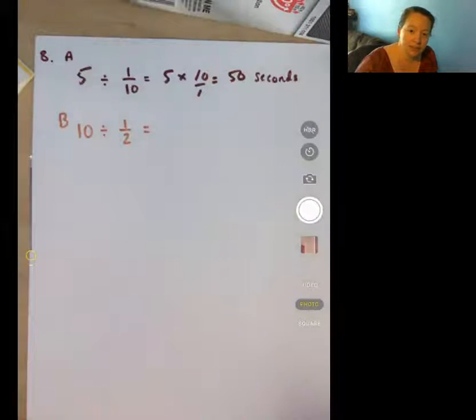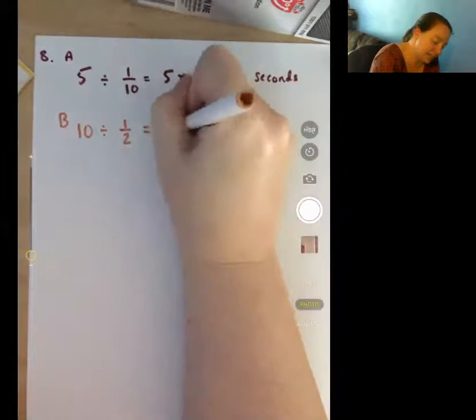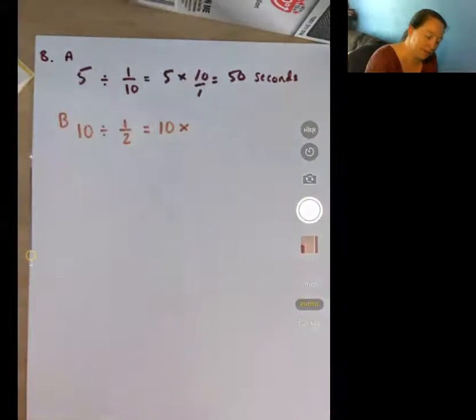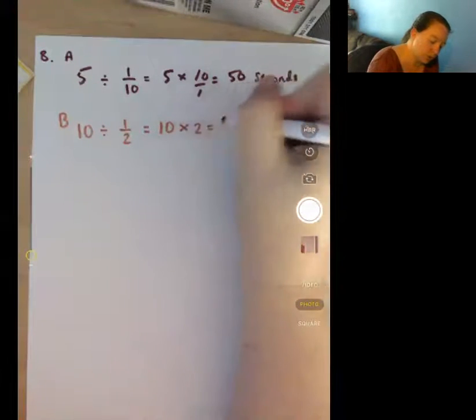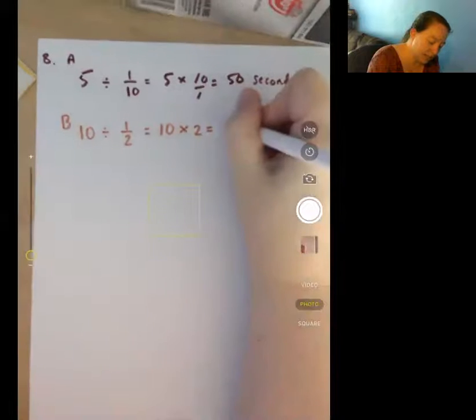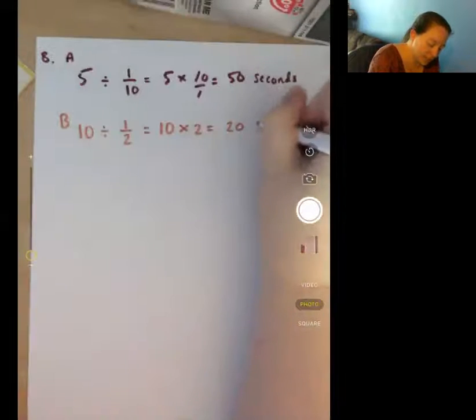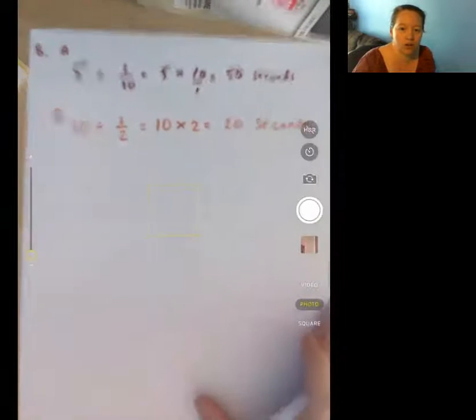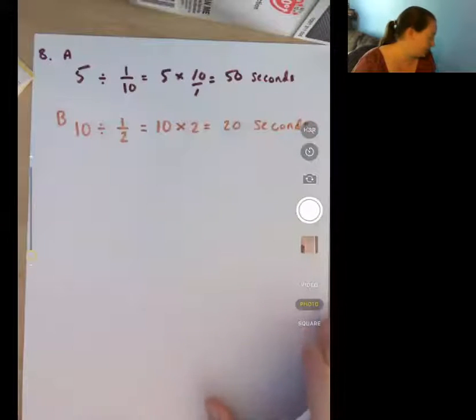We're going to have the 10 stay the same, the divide become multiply, the 1/2 flip become 2, and so that ends up being 20 seconds for how long it's going to take our cooter turtle to get there.